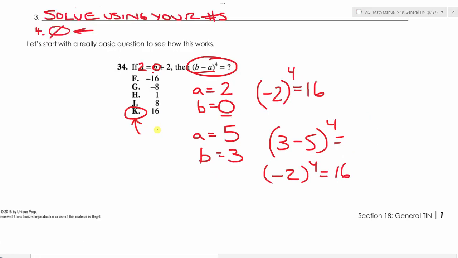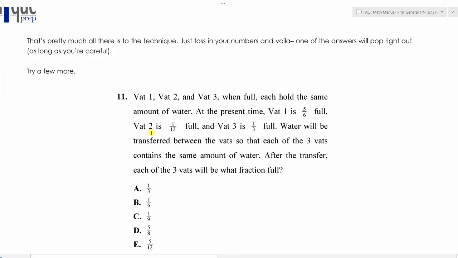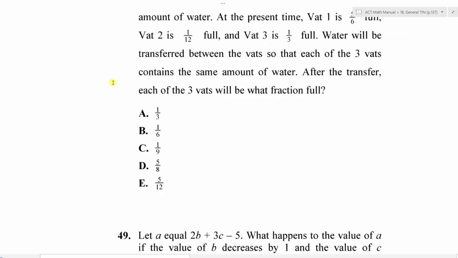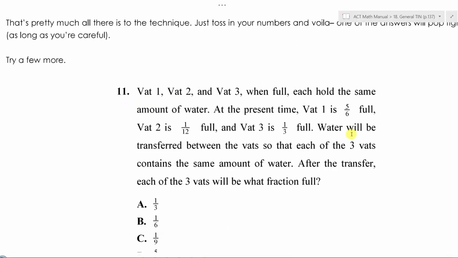So that is a quick, simple introduction to General Tin, and that's pretty much all there is to it. You're just throwing in some numbers and producing one of the answer choices.